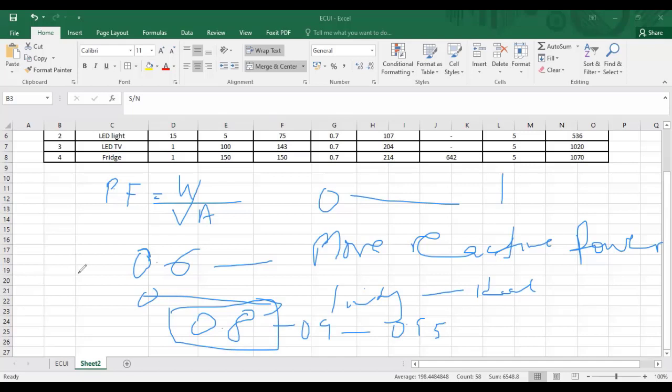But the thing is, most of our inverters, except for good inverters, will have their power factor close to unity.